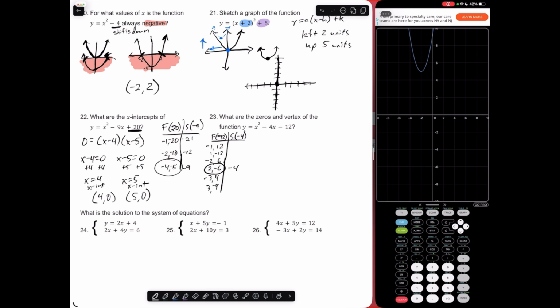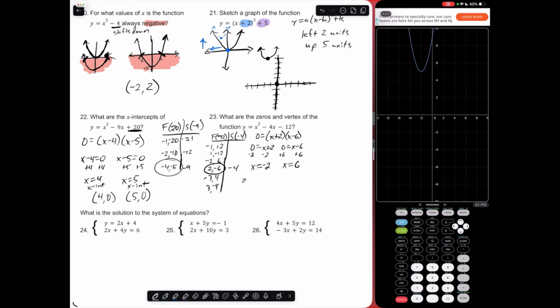So what are the zeros? We'll finish out this problem as x plus 2, x minus 6. So 0 equals x plus 2, 0 equals x minus 6. Subtract 2, x is -2, and add 6, x equals +6.